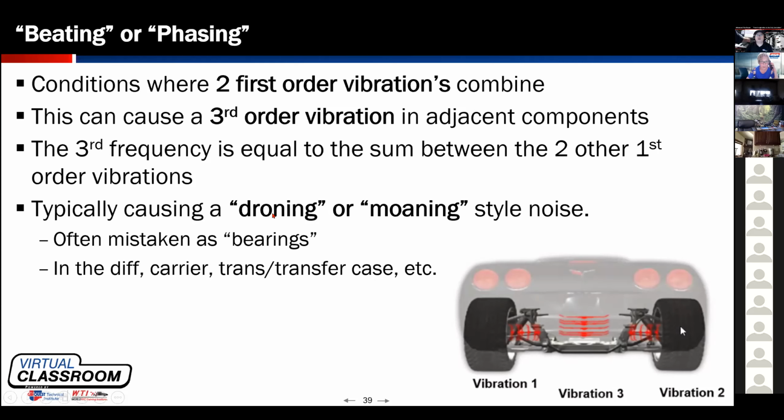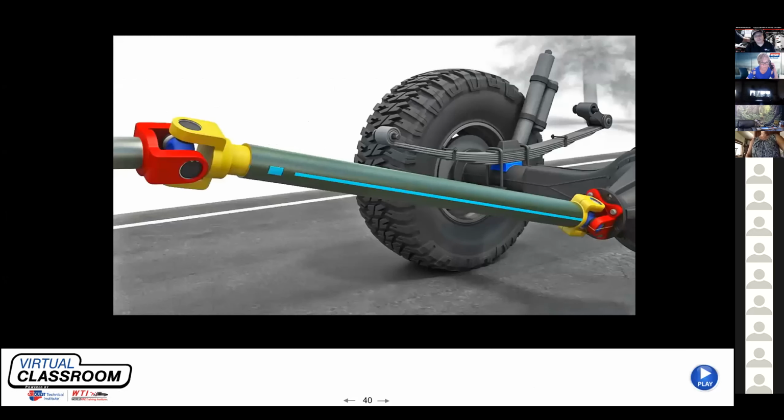If you have 2 first order vibrations, one from 1 rear tire and another from the other tire, those will both register as order 1 vibrations, but they can cause an adjacent component, like the differential in this Corvette, to produce a third order vibration. Most consumers complain about a third order vibration as a droning or a moaning, almost always mistaken for bearings, almost always. And yet with this equipment and some practice, I can figure out whether it was a bearing or not.